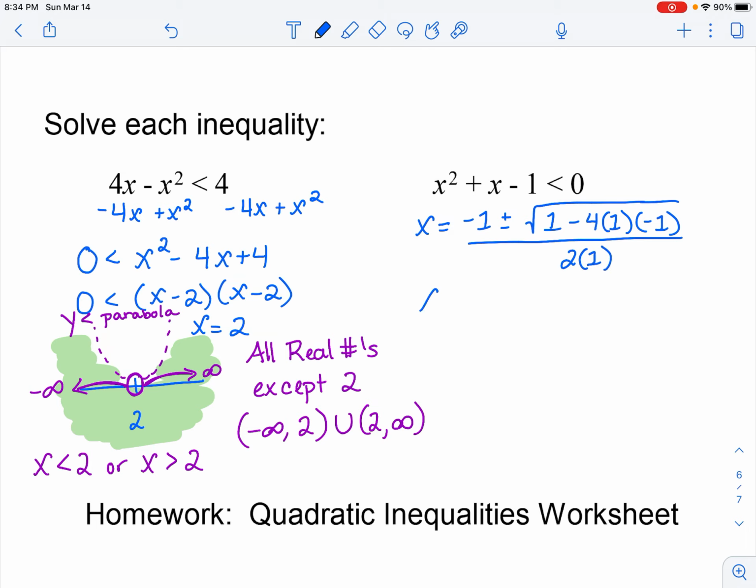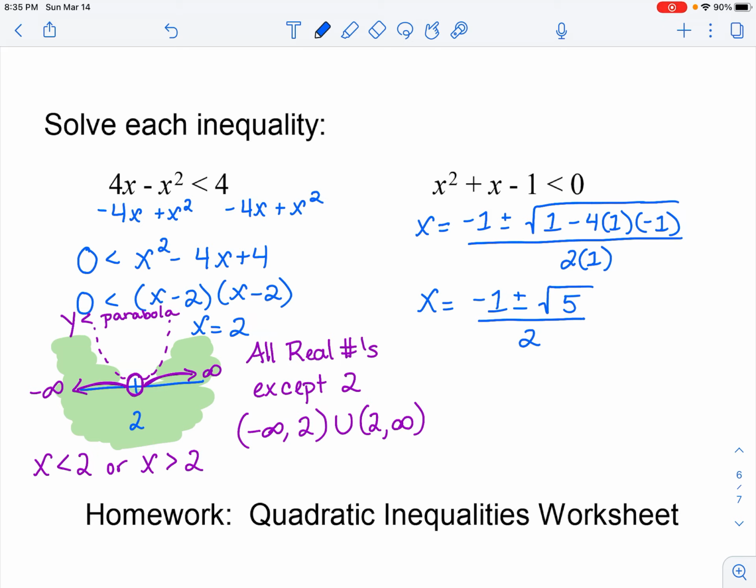Okay, lots of 1's involved. So I get x equals negative 1 plus or minus the square root of the inside, which becomes 1 minus negative 4, which is 1 plus 4 is 5, all over 2. Now, we're going to be giving exact value answers, so we're going to actually keep working with that.